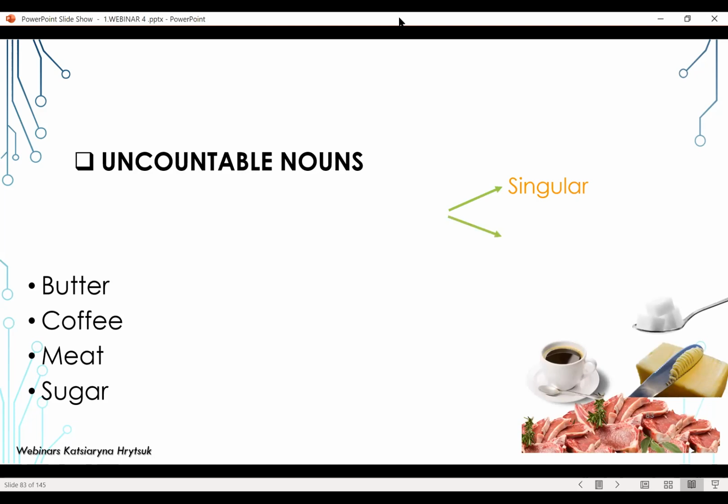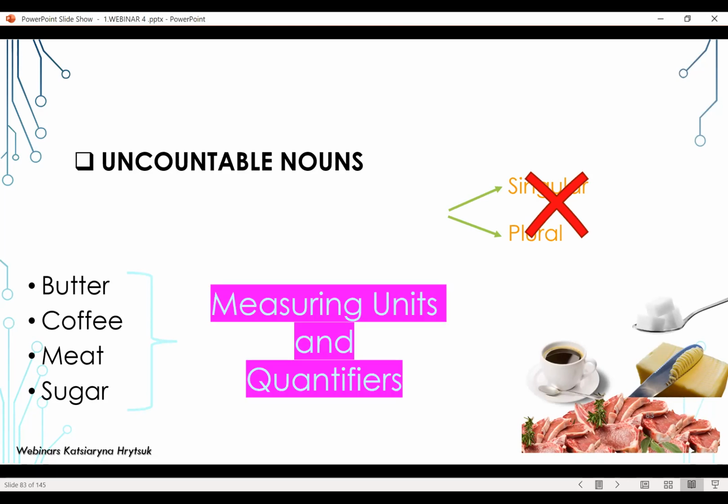They are always singular. They cannot be plural. They're only singular. So butter is salty. Coffee is bitter. Okay, meat is oily, and so on.